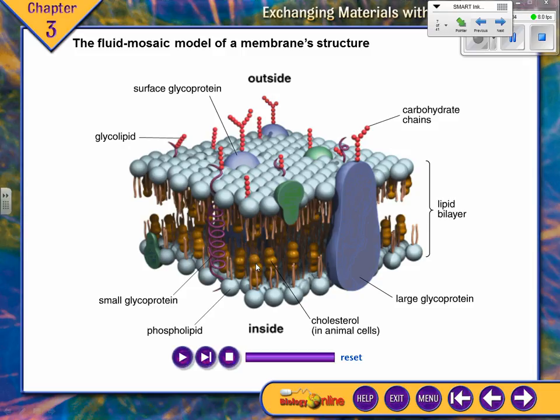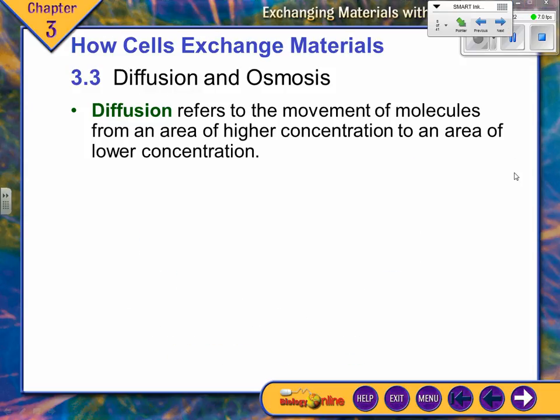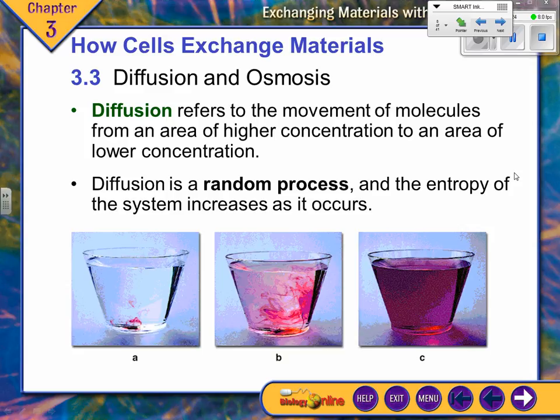So is a transport protein a type of integral protein? Yes. Okay? So once again, proteins have so many different functions. There's just so much variety of proteins out there. And you can see that in your cell.